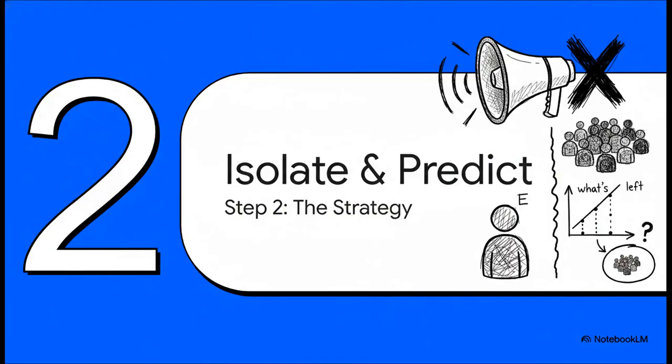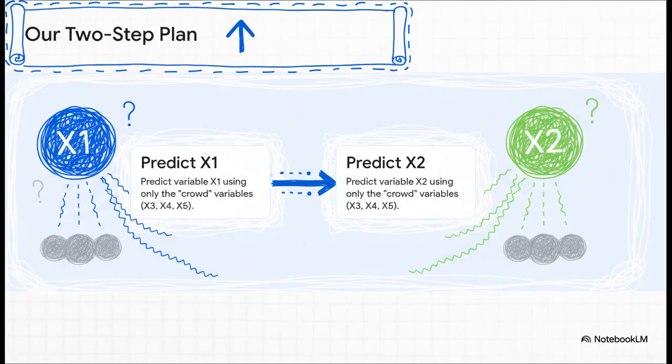Okay, so how do we actually do that? How do we silence a statistical crowd? The strategy is, and I mean this, absolutely brilliant. Instead of trying to find the signal in the noise, we're actually going to capture all the noise first. And our secret weapon for doing that is a little technique called linear regression. Here's the game plan, and it's basically just two simple steps. First, we're going to use the crowd variables, X3, X4, and X5, to try and predict everything we possibly can about X1.